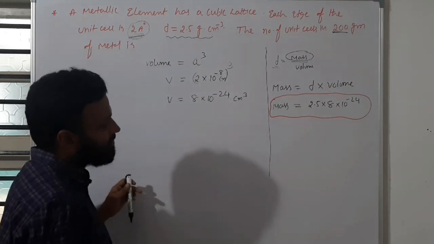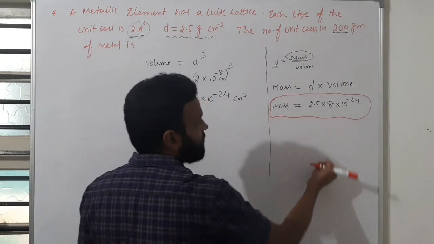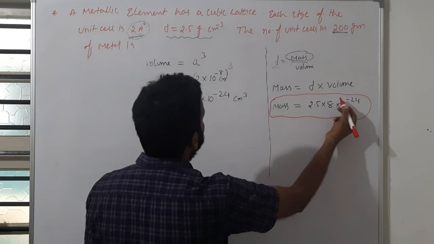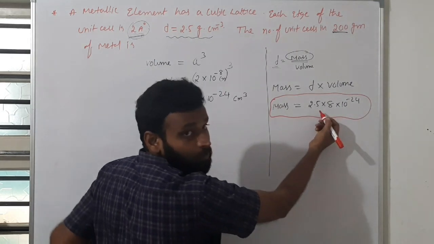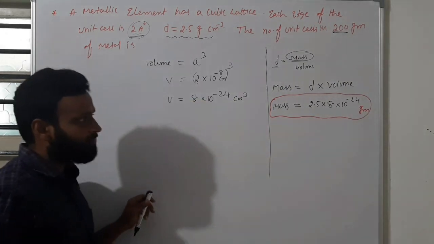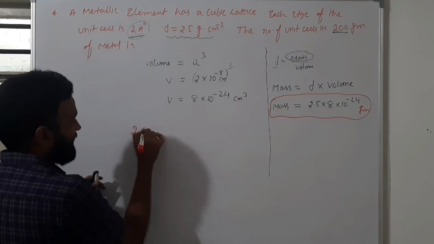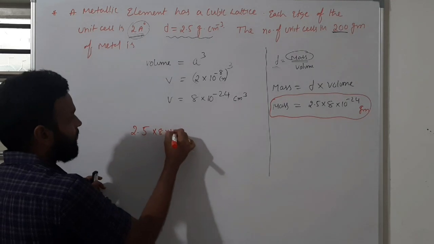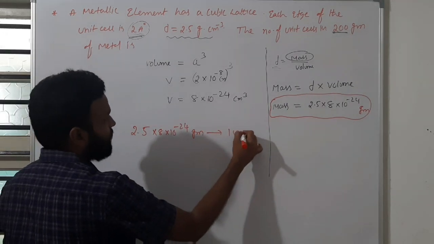This is in grams, because density is gram per centimeter cube: 2.5 gram per centimeter power minus 3 times centimeter cube, so centimeter cancels. So this is in grams. Do you have clarity now? It means 2.5 into 8 into 10 power minus 24 grams consist of 1 unit cell.